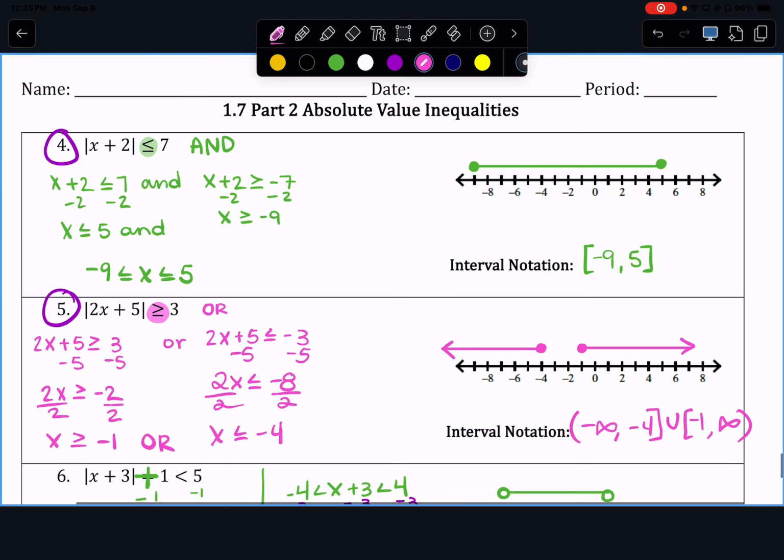And once you finish those, you can check your answer up here on the board. And then you are going to go ahead and get your computer out and you can start working on today's Delta Math. Delta Math has 6 questions in total. 6 of them are absolute value equations questions, and 6 of them are absolute value inequality questions.